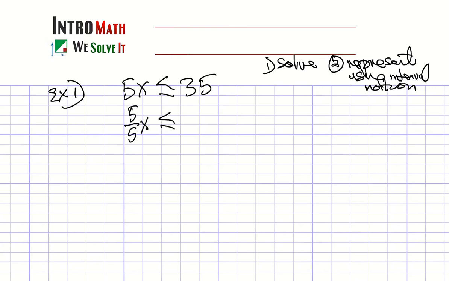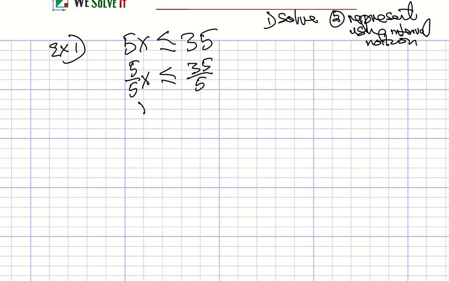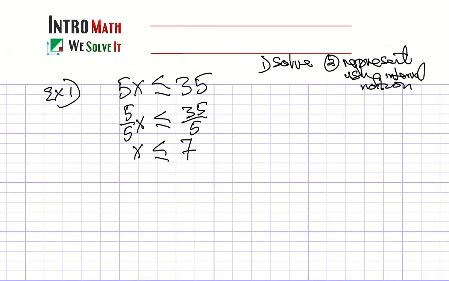Initially, I'm going to show you what I'm doing, then I'm going to go fast. You divide because you want to put x by itself. It's less than or equal to, so you have x less than or equal to, what is on the right hand side? If you divide by 5, you get 7. So we're done. We just have to represent it.